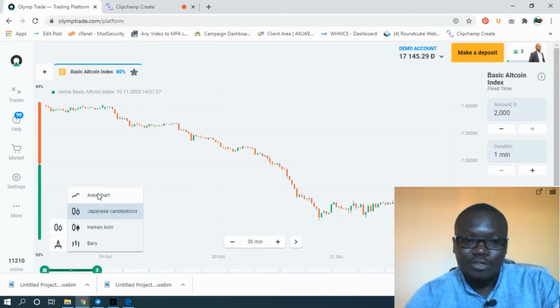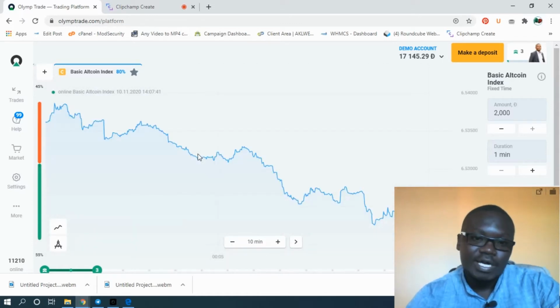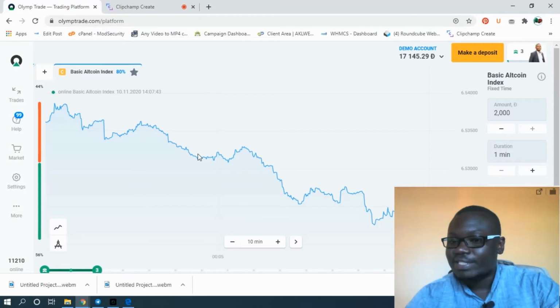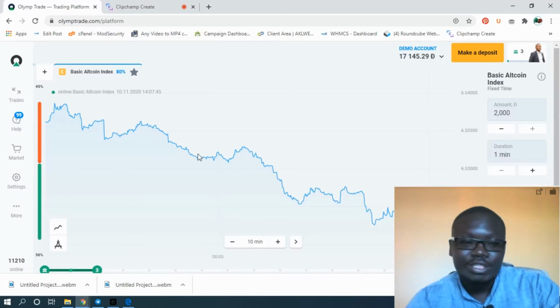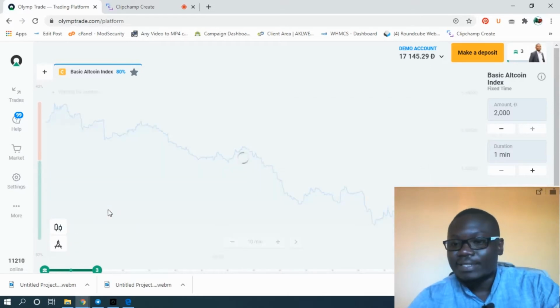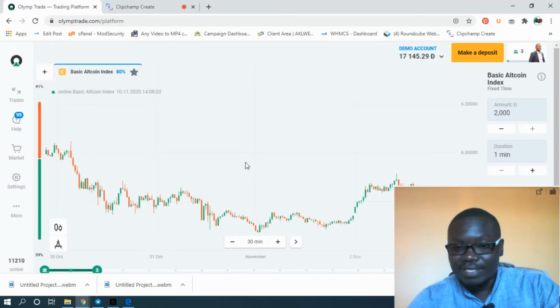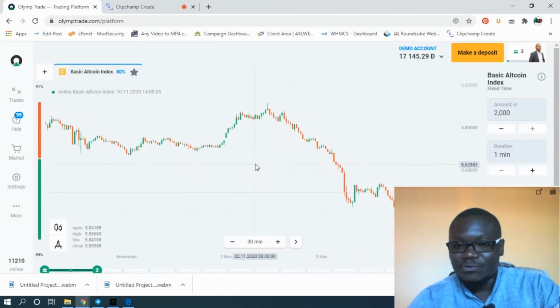If your chart shows area charts instead of the candlesticks, you can go ahead and change that. If it shows bar charts or Heikin Ashi, you have the freedom to go ahead and change that, because whatever we want to discuss on this channel today will greatly depend on the candlestick chart. It is my humble request that you go ahead and change that to be at par with whatever we are going to talk about.